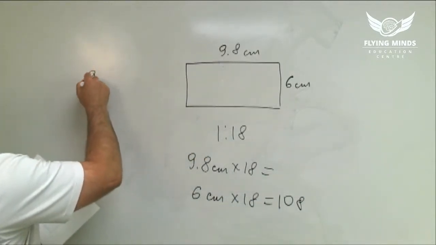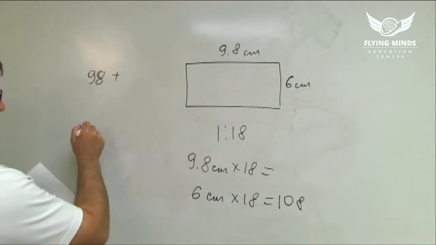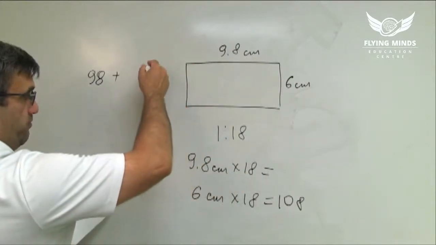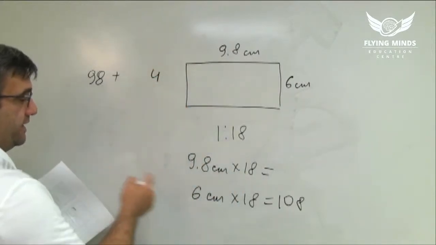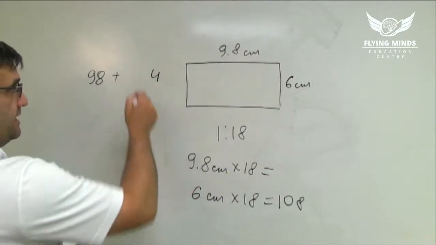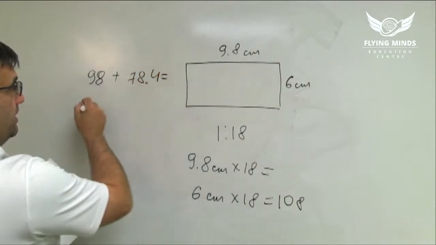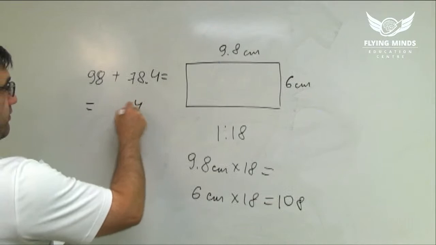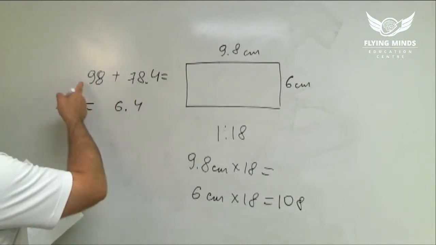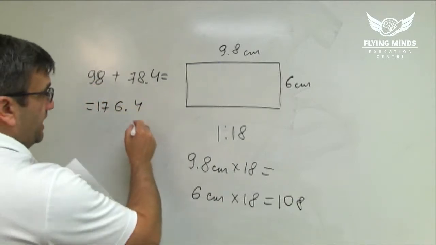So it will be 98 plus 9.8 times 8: 8 times 9 is 72, plus 6 is 78, and 1 decimal point, so 0.4; 6 plus 7 is 16, plus 1, 176 centimeters, right?